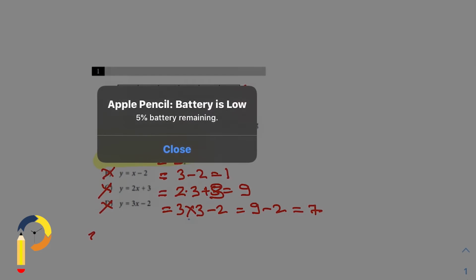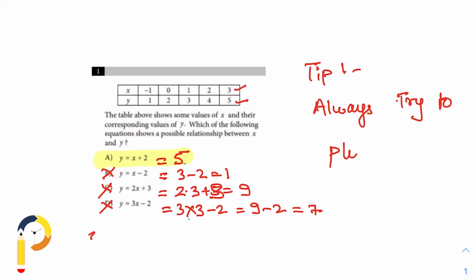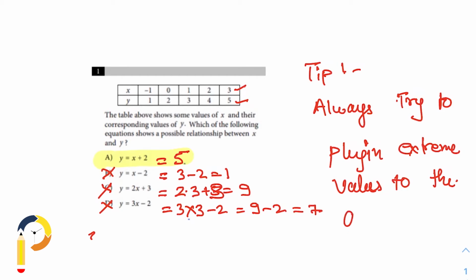Okay, so the tip for this question is: always try to plug in extreme values from the table to the answer choices.